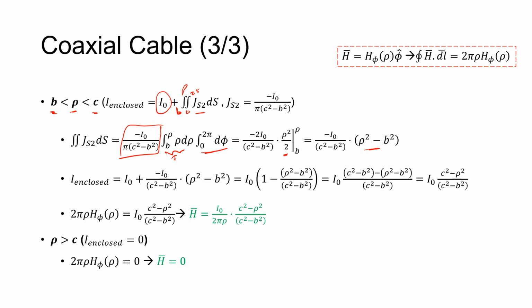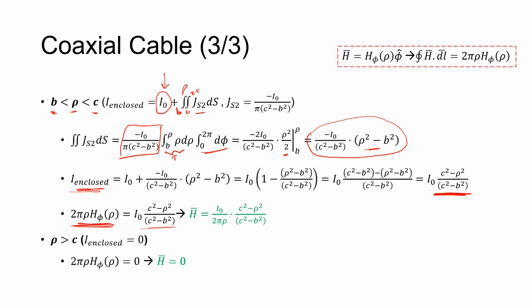Then we add this result to I naught to calculate the total I enclosed, and do some mathematical manipulation. You can do this yourself, and you will reach this value. Once you reach it, the left hand side will never change because we are in the symmetric region.